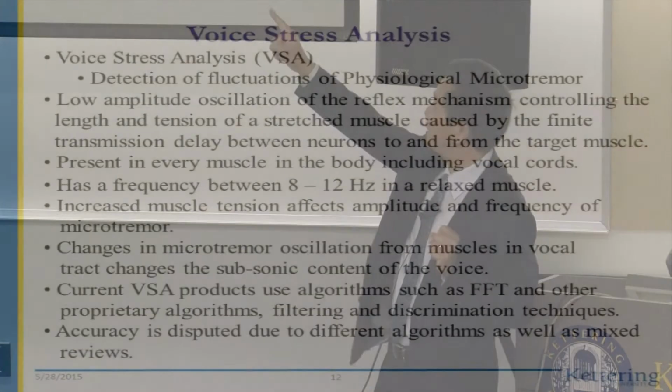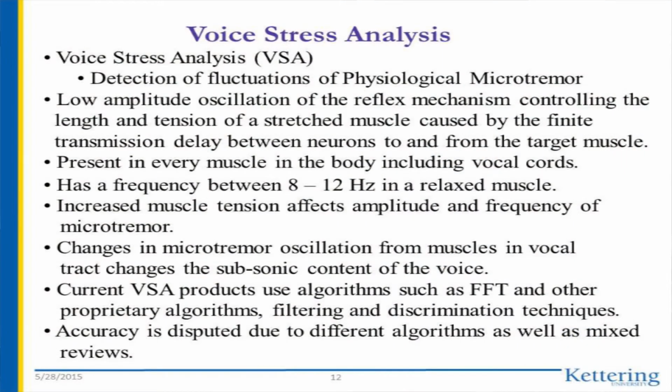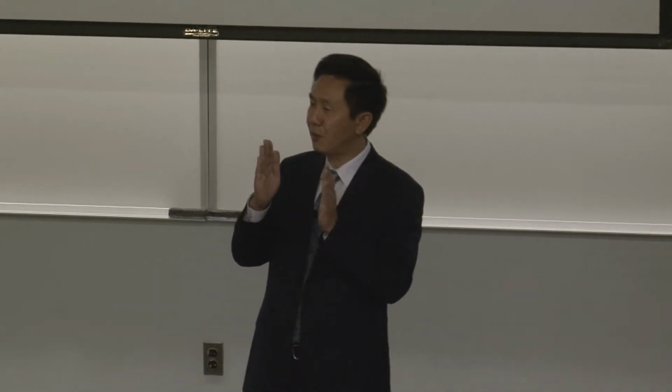How to do that? The VSA is basically a detection of fluctuations of physiological microtremors. When you talk, the muscle moves, and there is a microtremor in the vocal cord as well. Under normal conditions, that frequency is in the range between 8 to 12 Hertz.